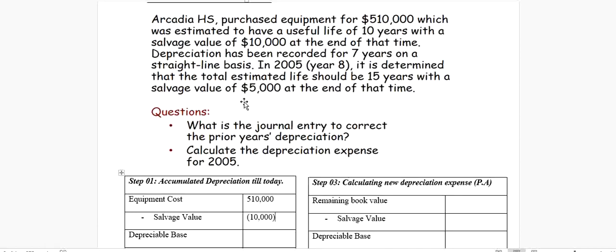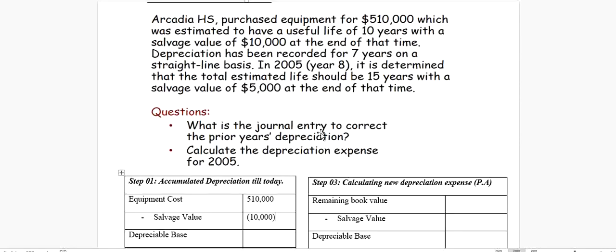Now we will see how to record these changes and what journal entries, if needed, must be done. So let's go to the question part. What is the journal entry to correct the prior year depreciations?